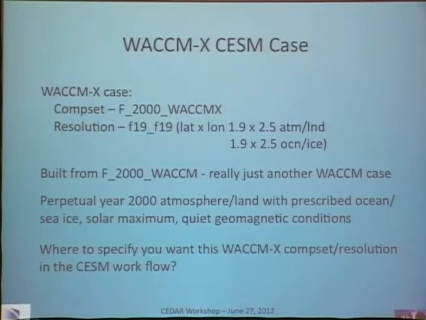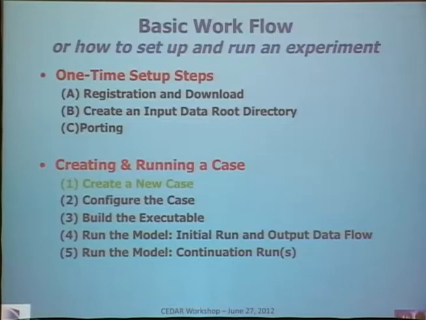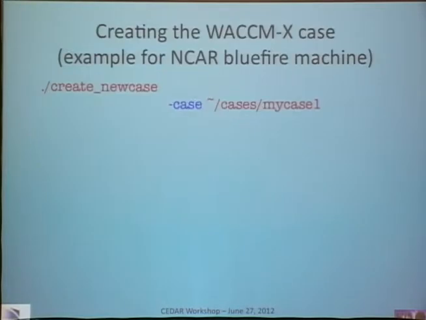And then I'm going to go back and tell you where you can specify to run WACCM-X, and you've seen this before from both Sean and Dan. It's at this create new case stage. You use a command called create new case, and here you'll specify the options for WACCM-X.